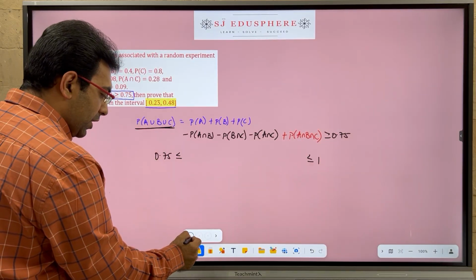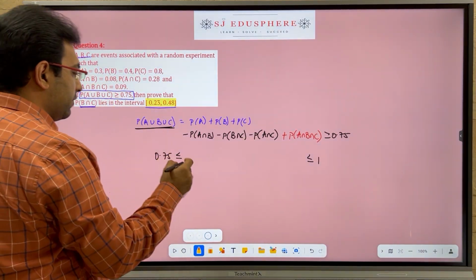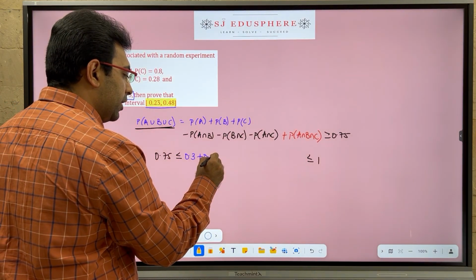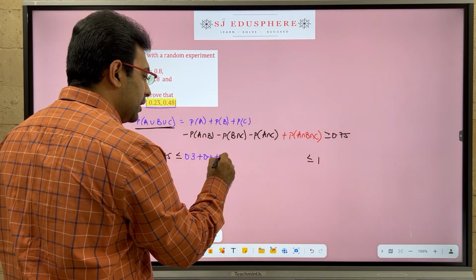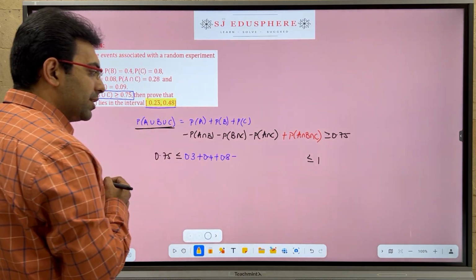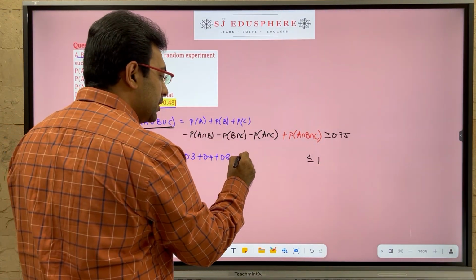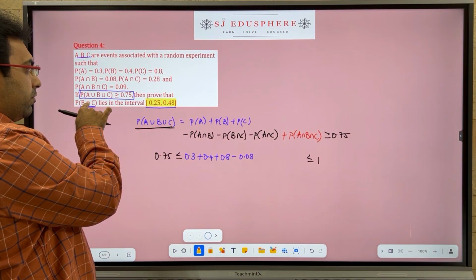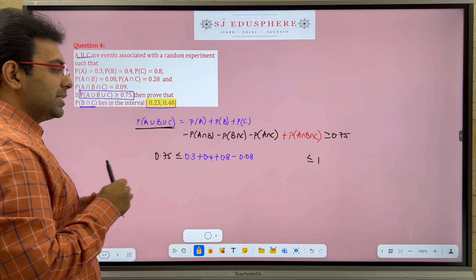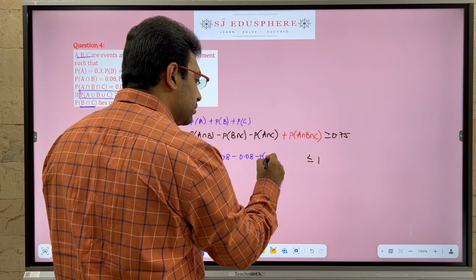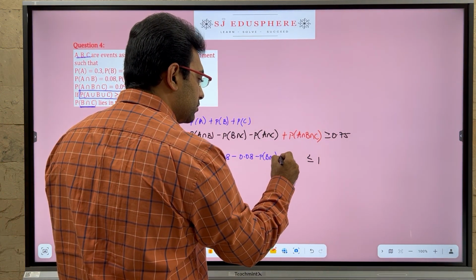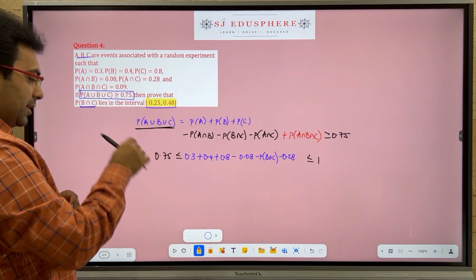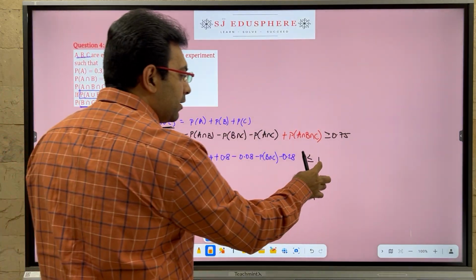So if I substitute the values over here, my probability of A is 0.3, probability of B is 0.4, probability of C is 0.8, minus A intersection B is 0.08, B intersection C is what I want to find, A intersection C is 0.28. And my probability of the triple intersection is 0.09.